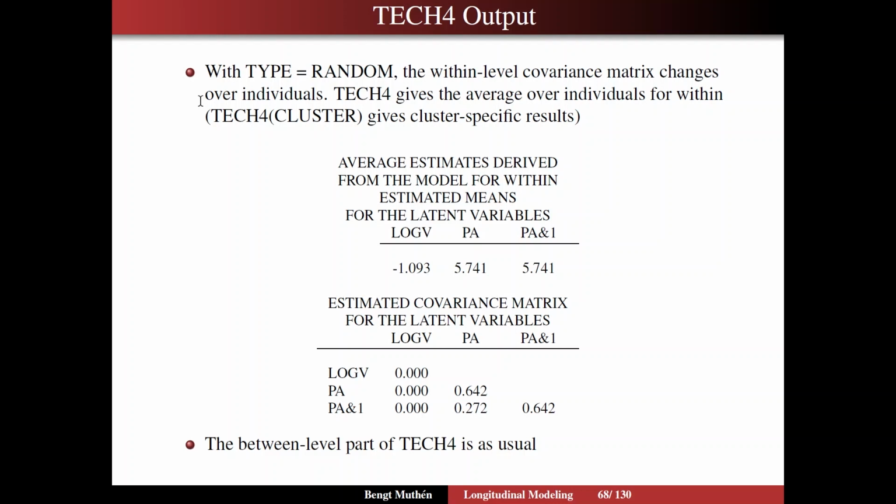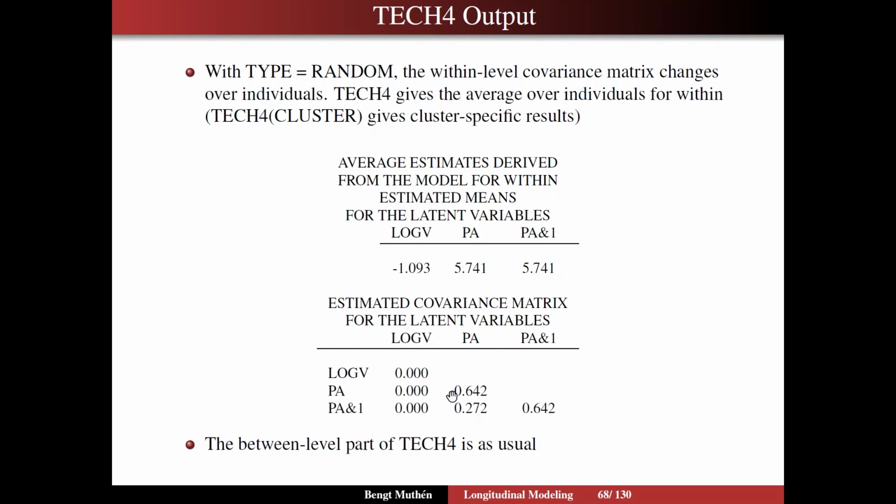What TECH4 does is to give you the average over individuals for within. So you compute the variance for each person and take the average over that. That would be down here for the covariance matrix, 0.642 is the average.